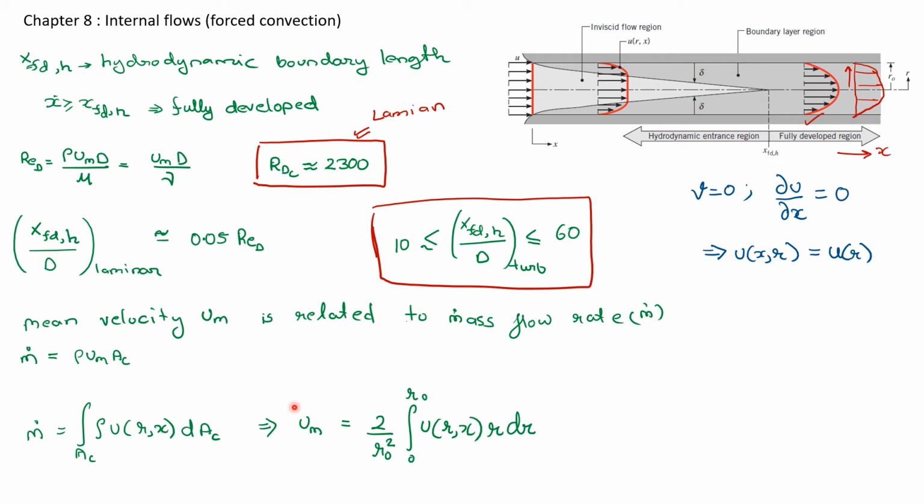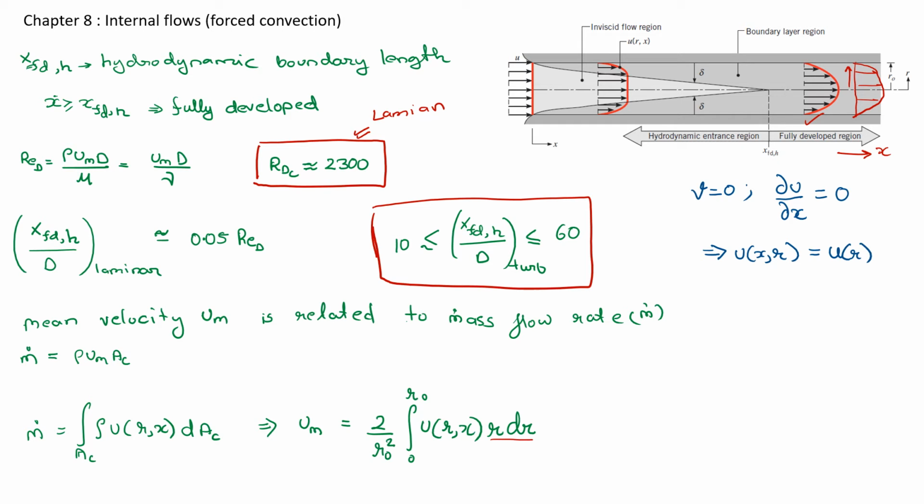And this will give you the u mean, or the mean velocity, as 2 divided by r0 square, times the integration from 0 to r0 of the velocity u(r, x). But we know that if it's fully developed, our velocity will just be a function of r, times r dr.